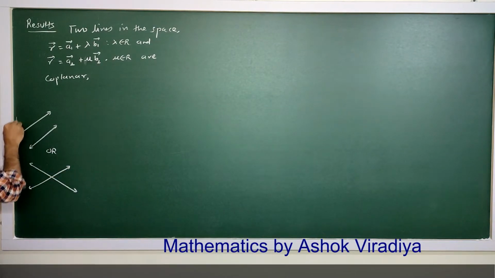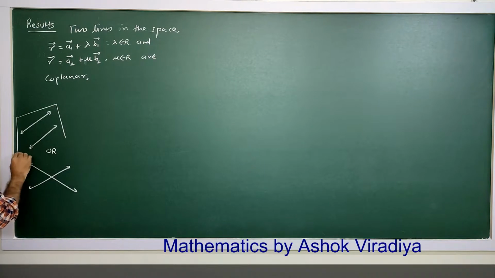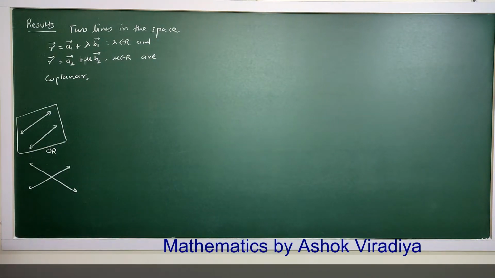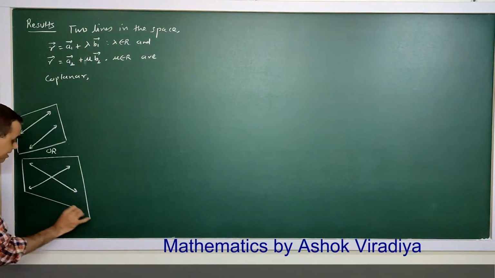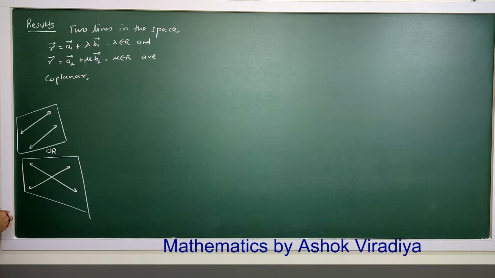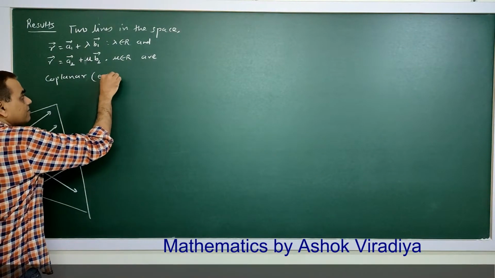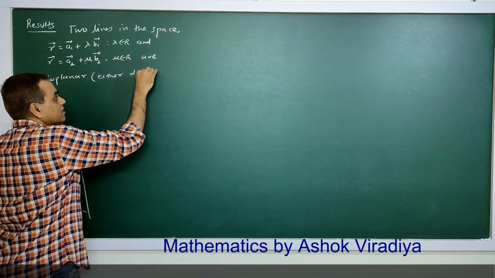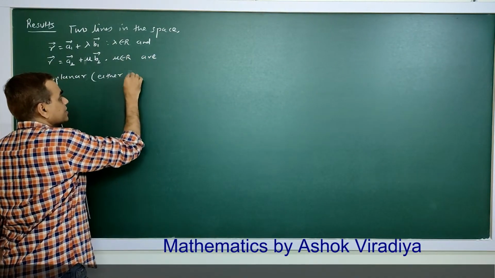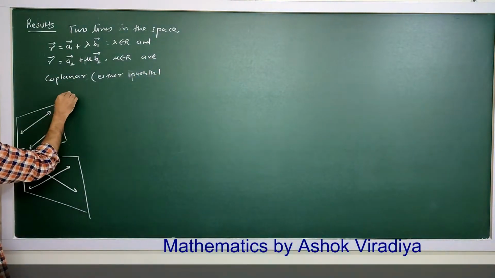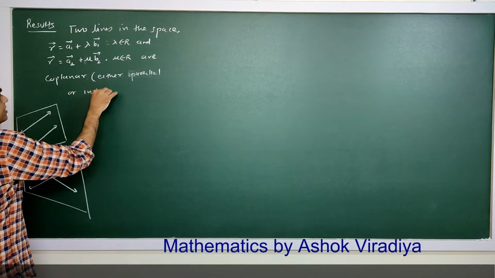Either lines are parallel, then there exists a plane containing both lines, and if lines are intersecting, then also there exists a plane containing both the lines. So lines are coplanar, that means lines are either parallel lines or intersecting lines.